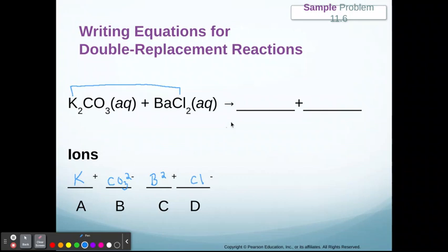Okay, so let's put our elements together and form our new compounds over here. So for the first compound, it's going to be K and Cl. Okay, they both have a 1 charge. So therefore, if you crisscross, you get a 1-to-1 ratio. Okay, so the one goes there and the other one goes there, forming KCl. Very simple.